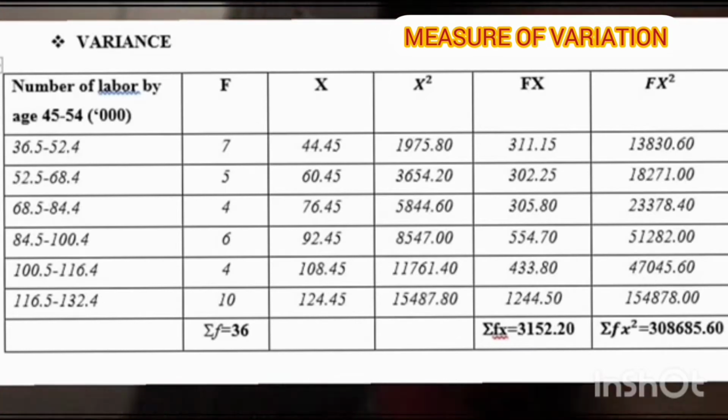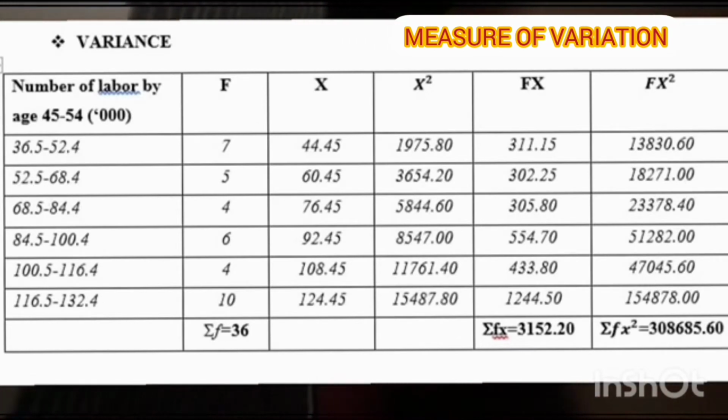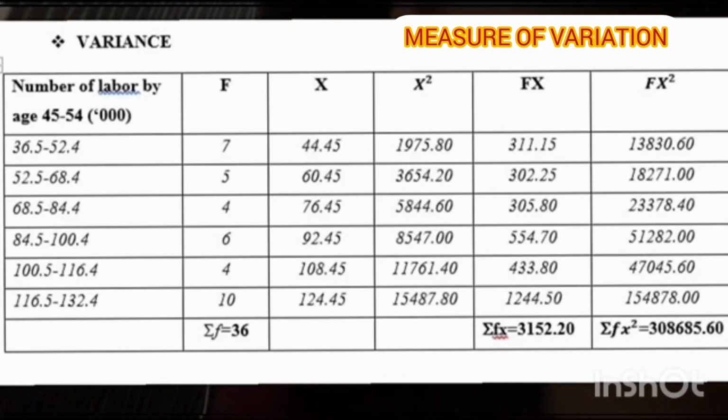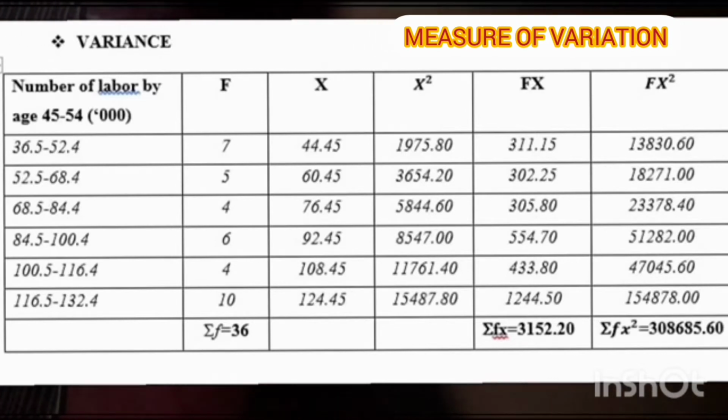Number 2 is variance. You can see the complete table. If we want to find the variance, how do we get the value of x? Number of labor 36.5 plus 52.5 divided by 2, so you get 44.5.